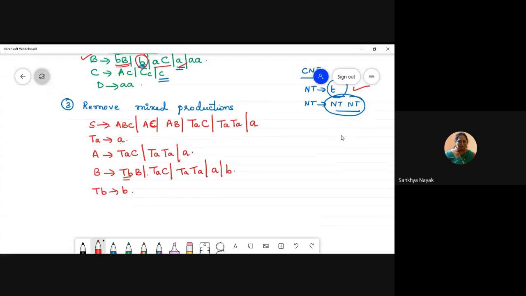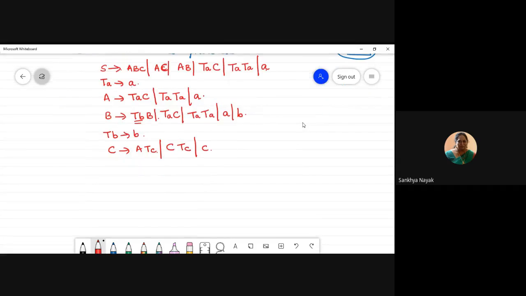Alright. Now coming to the third one, C. This is capital A, small c. So C derives A TC. Okay. And this is capital C, small c. Small c is replaced as TC. This small c will not be replaced because it's a single terminal. Okay.